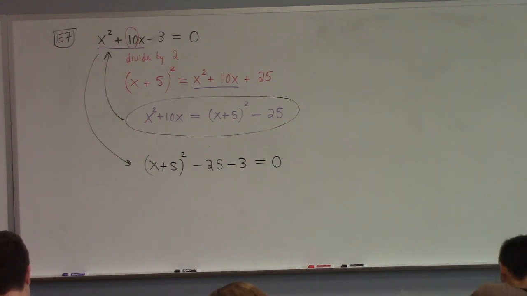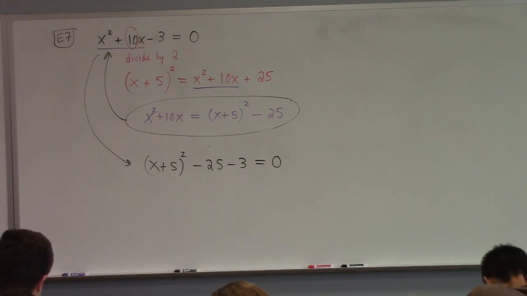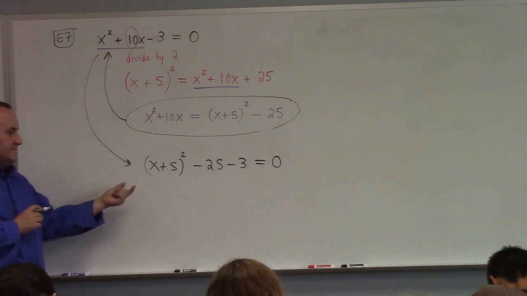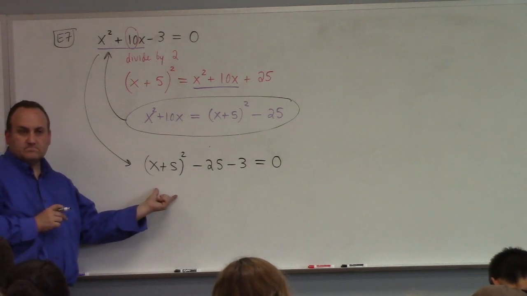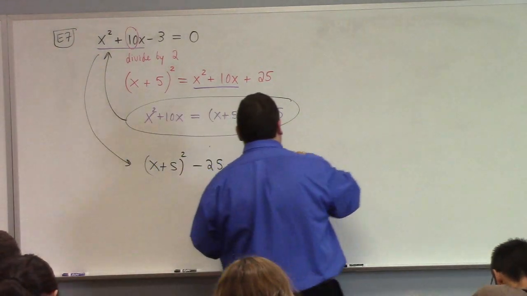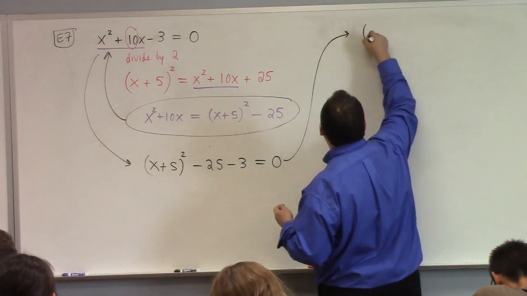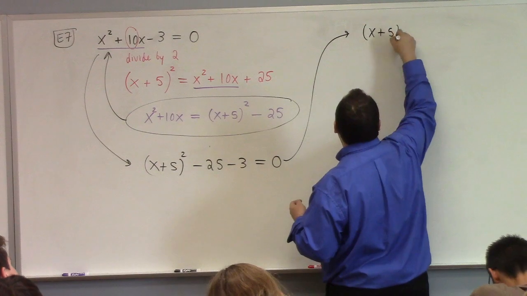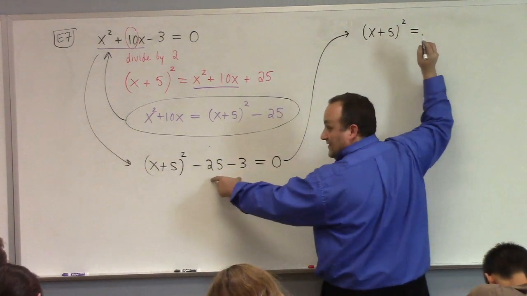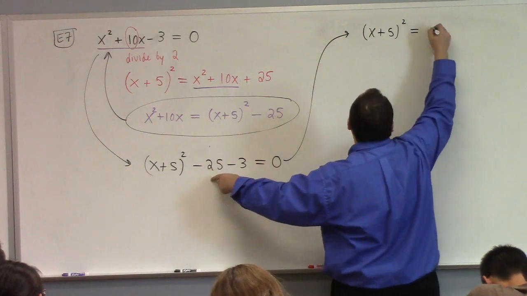Is this good? Well, this is very good, right? Because now what can we do? We can rewrite this as what? You can factor it with the minus 28. Yeah, we can rewrite this as x plus 5 quantity squared equals, see this is minus 28, add it to the other side, 28, right?